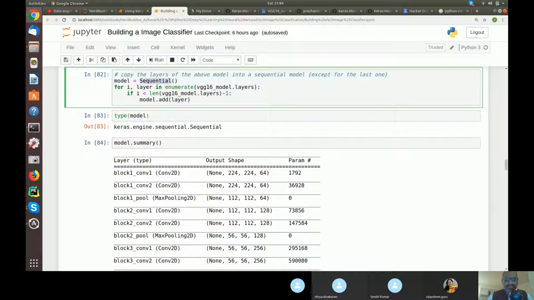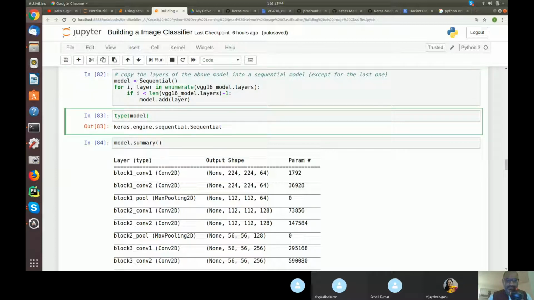And then VGG is nothing but those 23 or so layers. So we go through those. As long as it is not the last layer, we just add it to the model. So all we're doing is we take the VGG model and we take each layer and add it to our model, except the last layer.